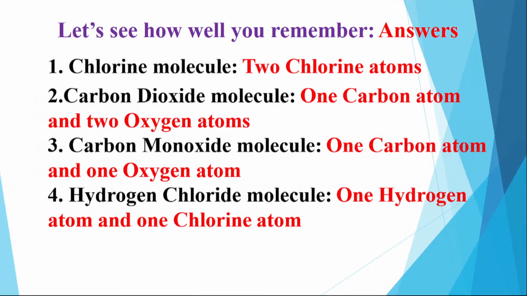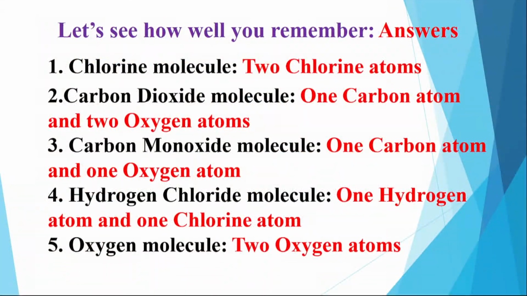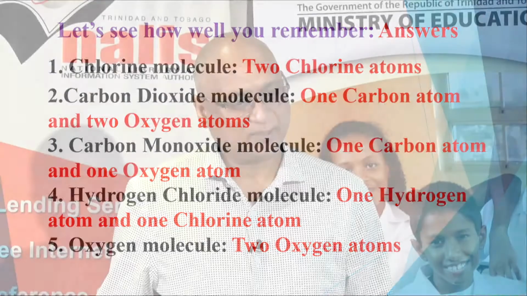Hydrogen chloride molecule, one hydrogen atom and one chlorine atom. Here, again, you have atoms of two different elements, namely hydrogen and chlorine. And your oxygen molecule has two oxygen atoms, atoms again of the same element, oxygen.